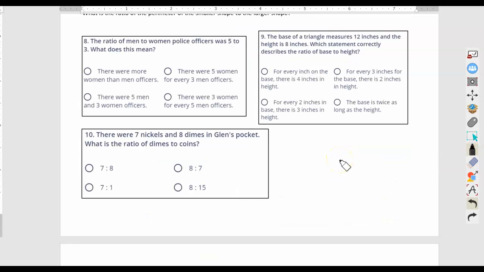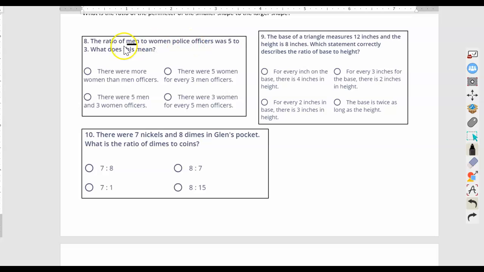For these at the end here, you're just making ratio statements. So 5 to 3, what does it mean for a ratio to be 5 to 3? We always use this type of language. You'll always see "for every": there are this, for every that, or there are, for every 5 of these, 3 of these. So we just want to make sure we're matching up the words.